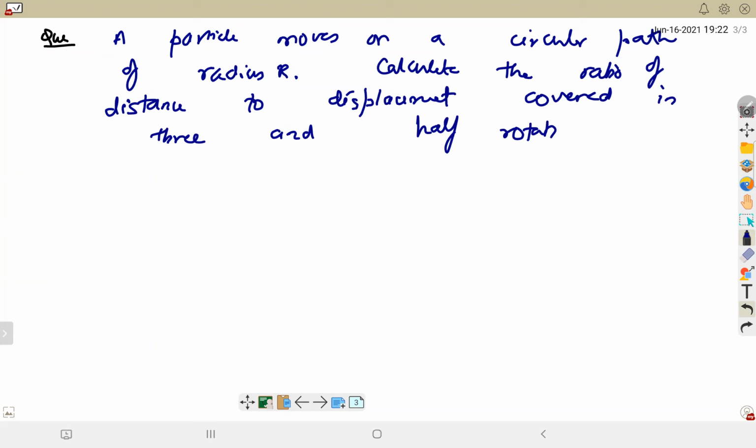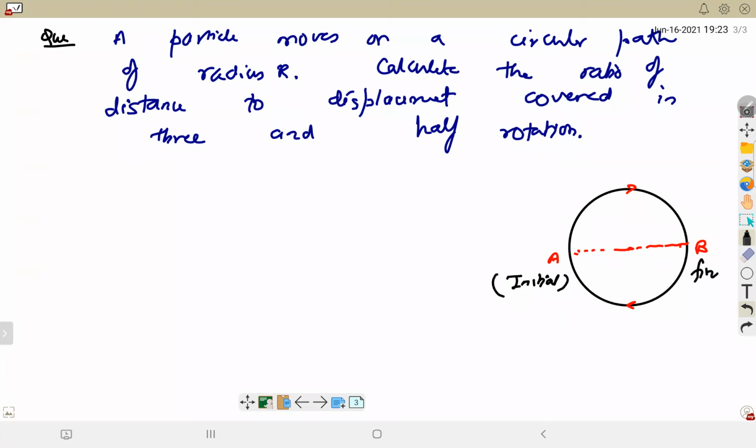So this particle is moving on a circular path only, and suppose starting from point A, it covers 3.5 rotation. 3.5 rotation means one complete will be at A, another complete again at A, then another at A, and then finally half rotation means the final position will be B. If it's starting at point A, that's the initial position, the final position will be at B. So displacement is pretty straightforward, that will be the diameter.